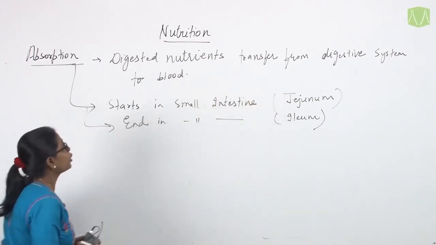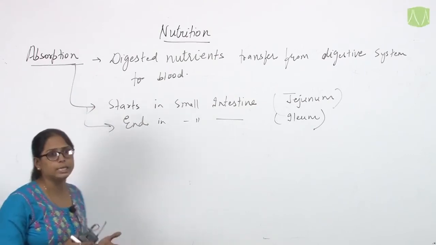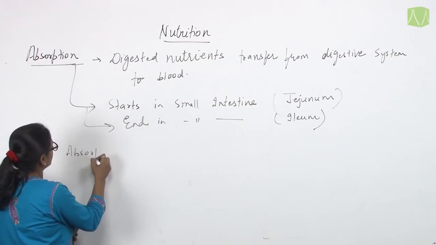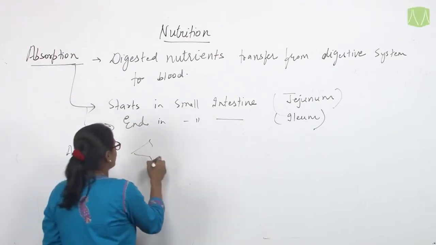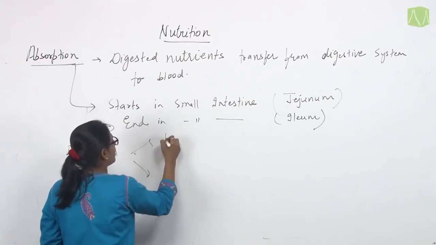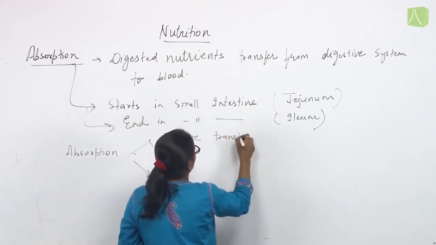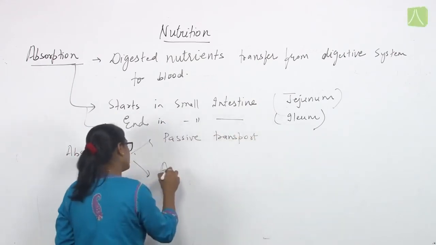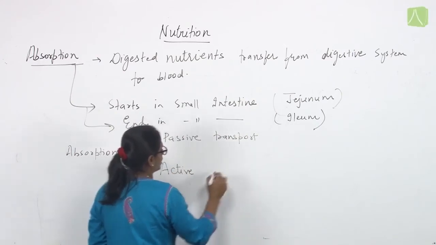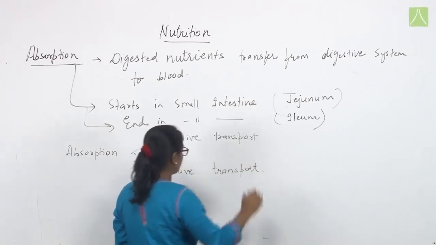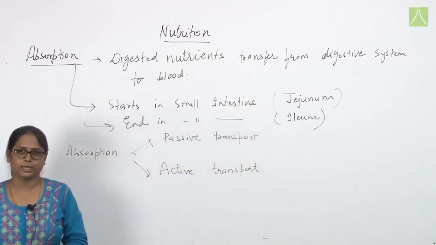Now the absorption process also needs various mechanisms, like absorption can be done either by passive transport or by active transport. Fine. Now what do you mean by passive and active?